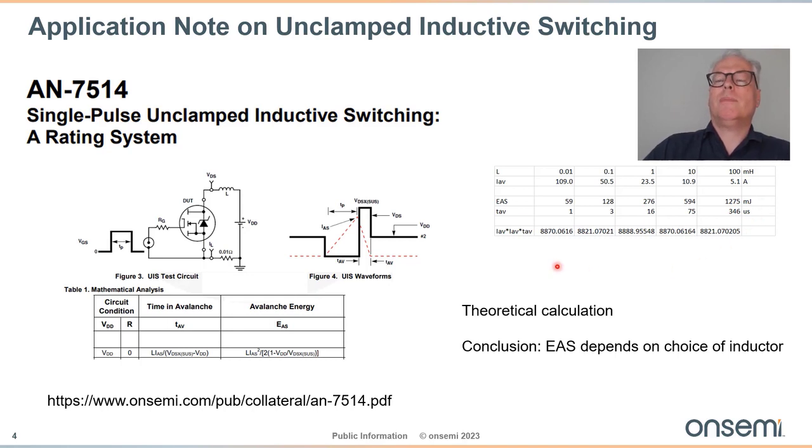However, we have to be realistic and say we have to measure the avalanche current and the avalanche time and actually plot that based on real measurements. We can't just calculate them. So the key message here from the formula is that EAS depends on the actual inductor value chosen. So by using a large inductor, you can make it look very good.